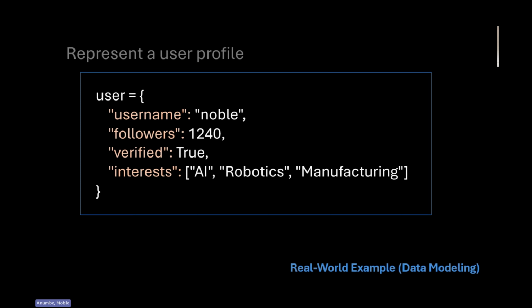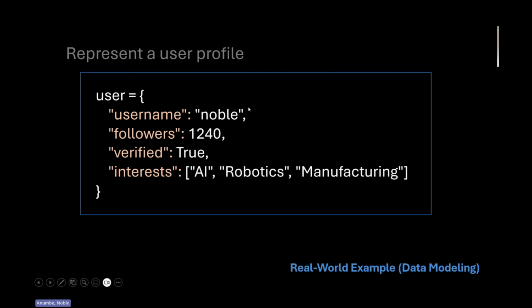So what if I want to represent a user profile? I'm trying to create a user profile for a program I'm writing. How do I do that? This is an example of how you do that. You say username, and then you create the space for the person to enter their name. Eventually we are going to figure out how to create a dictionary where the user actually inputs the values.